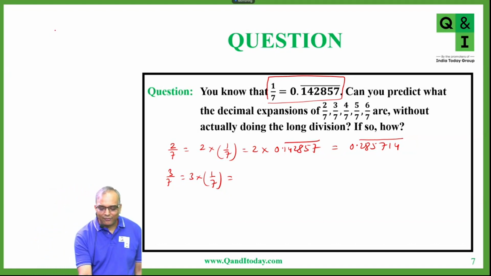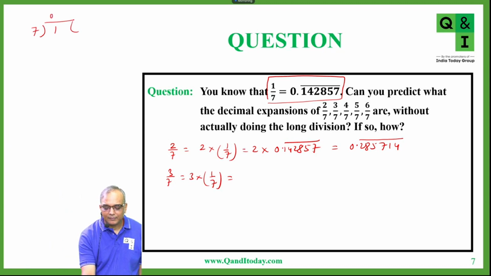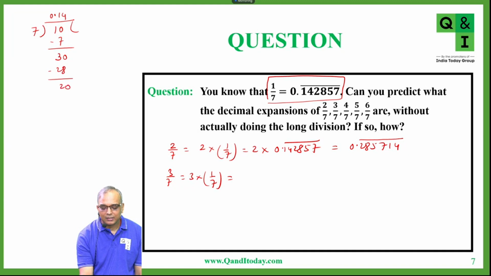So for that, I'll again divide 1 by 7. So decimal 10. So we have 7 times 1 is 7. 30. 7 times 4 is 28. 20. 7 times 2 is 14. 60. 7 times 8 is 56. 40. 7 times 5 is 35. 50. 7 times 7 is 49.